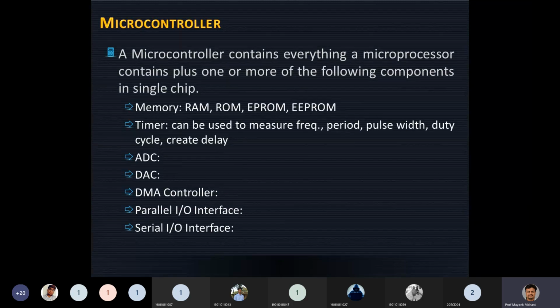But in a microcontroller we have a dedicated section called the timer section, which can be used for generating a delay, or to measure frequency, time period, pulse width, etc.